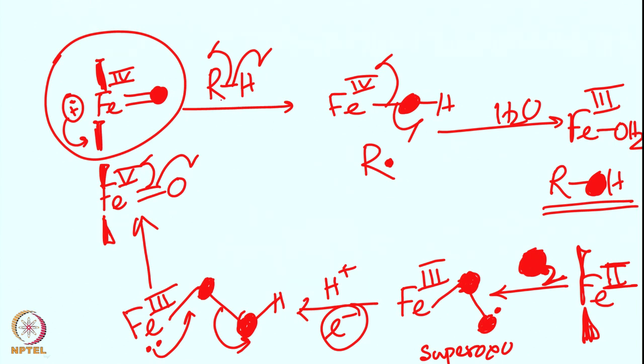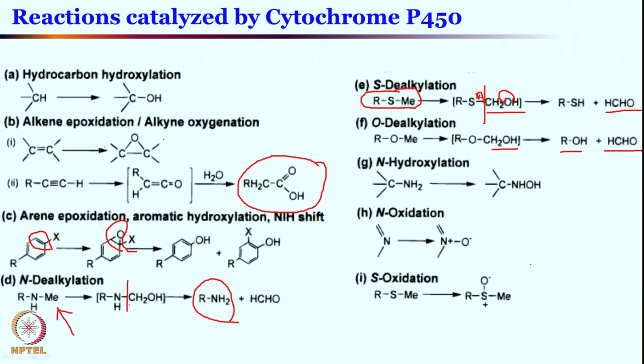This is the mechanism for the substrate RH to ROH formation. As you can see, RH is reacting with this high valent iron oxo intermediate to give you the ROH species. We have seen this similar mechanism previously; the O18 labeling is also quite interesting. Similarly, this hydroxylation chemistry can be followed quite easily, either on the S-alkyl and O-alkyl species, or even the N-alkyl species.